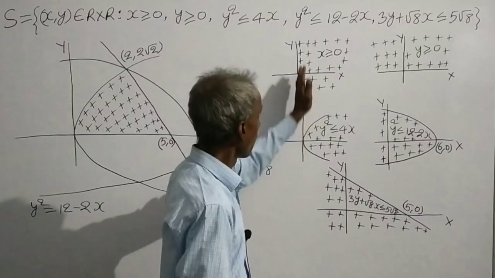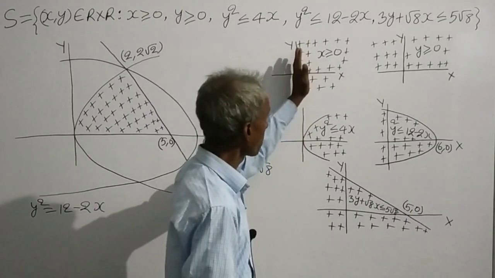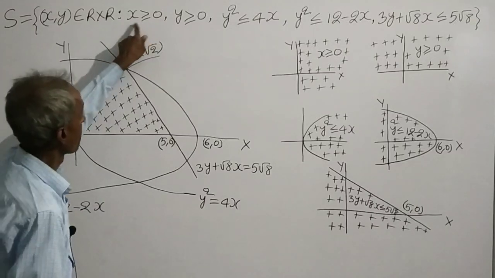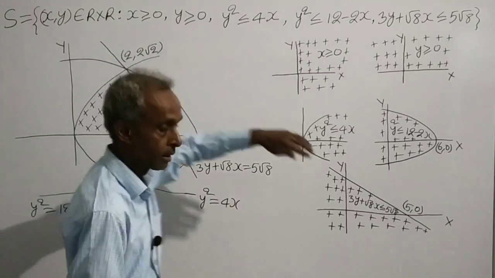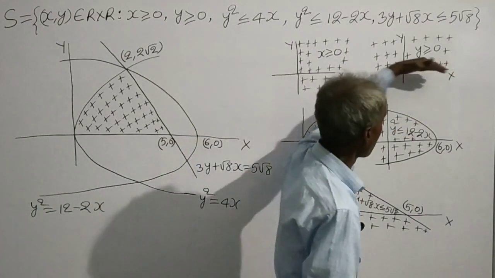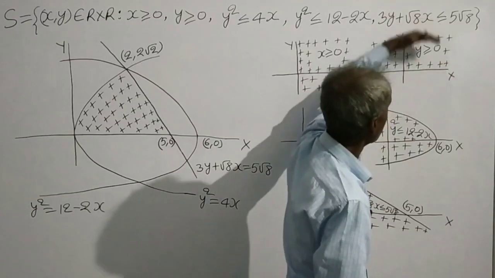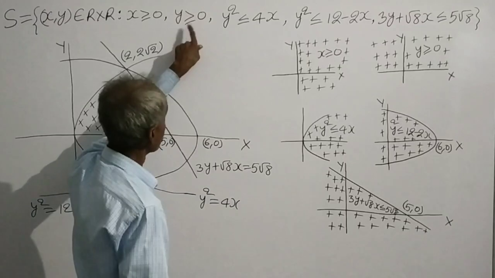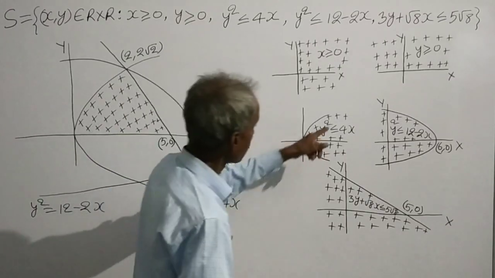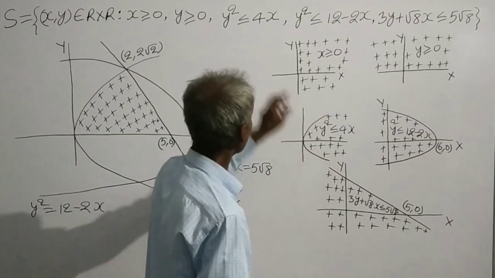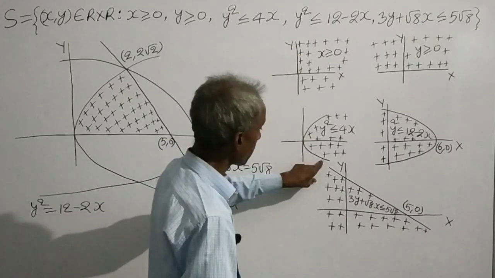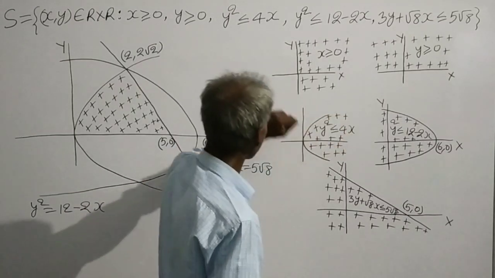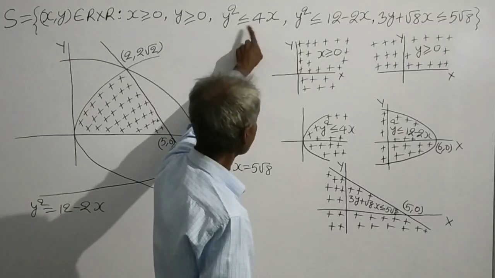Points lying on the y-axis or on the right hand side of the y-axis satisfy this condition. Points lying on the x-axis or above the x-axis satisfy this condition. Points lying on the parabola y square is equal to 4x or inside this parabola satisfy this condition.